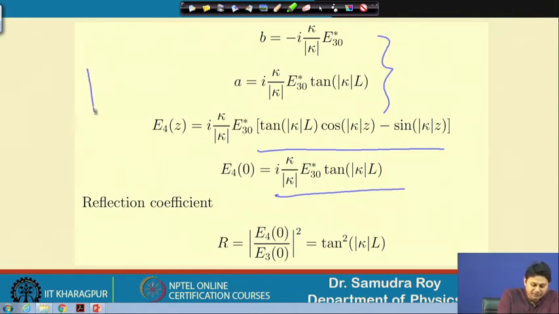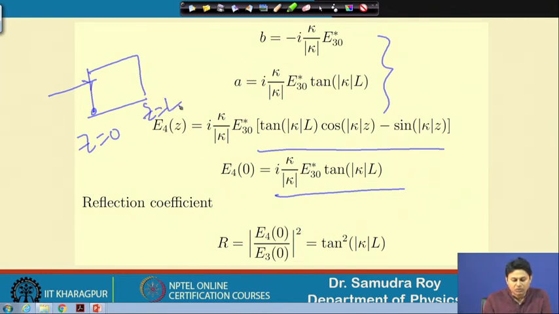That means, if this is the system, I have what is here at z equal to 0 point and z equal to L point. At z equal to L this quantity is 0. So, that means something is reflected like this here.